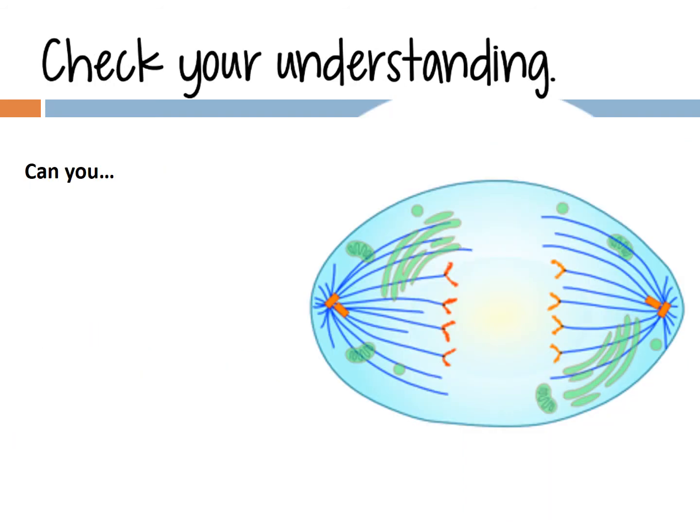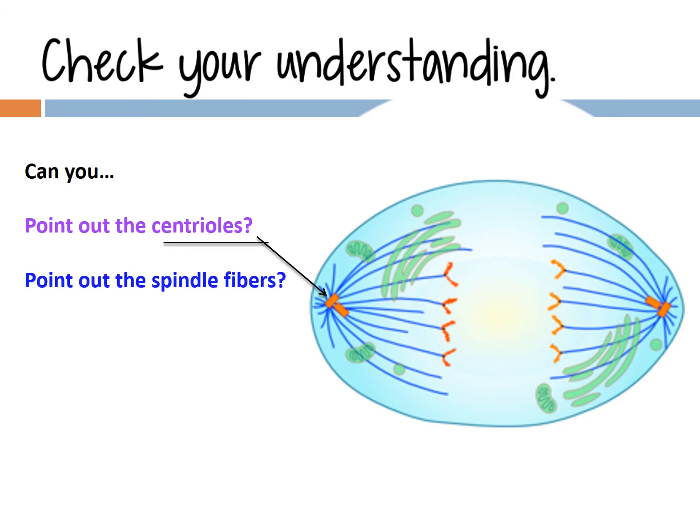Now, let's check for understanding and see if we can point out the parts of this cell. So, can you point out the centrioles? They're right there. Draw an arrow to the centrioles. What about the spindle fibers? If you pointed to that, you are correct. It could be any of them.